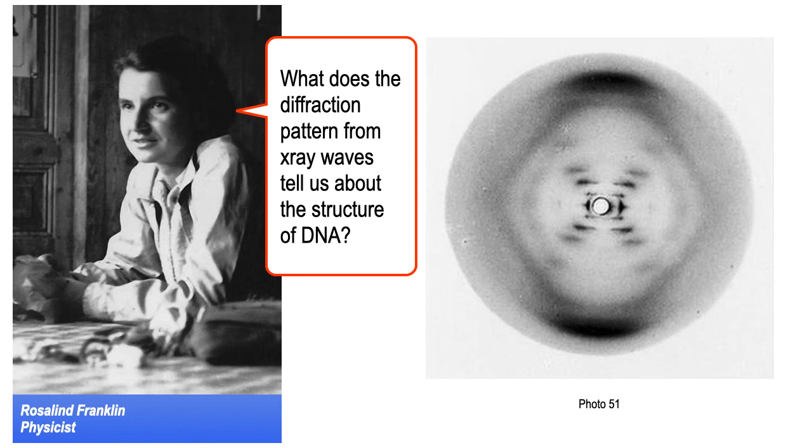And like Rosalind Franklin in 1952, what does the diffraction pattern from X-ray waves tell us about the structure of DNA? Well, this is her famous Photo 51, which she took using X-rays and the diffraction of those X-rays through the crystal structure of DNA.